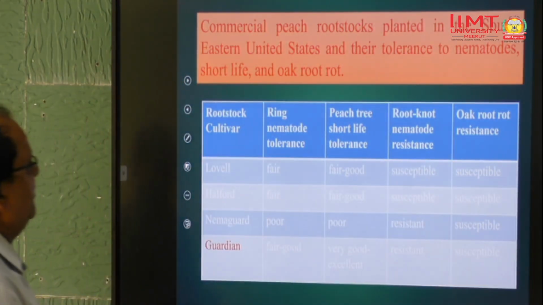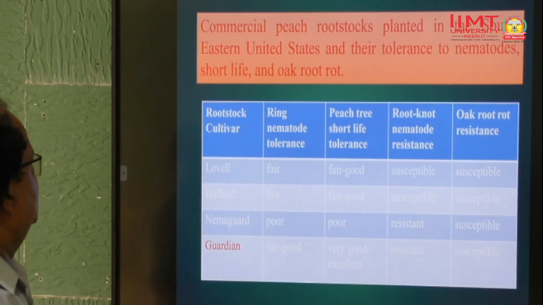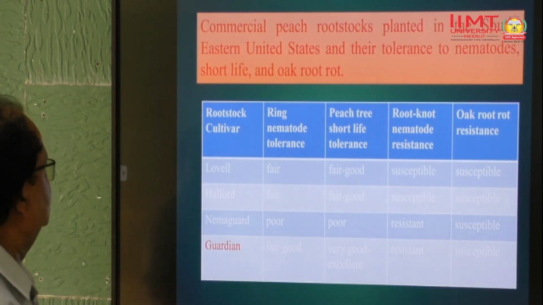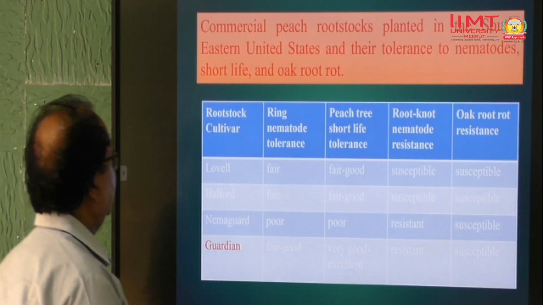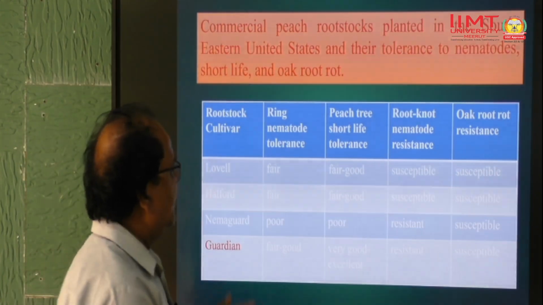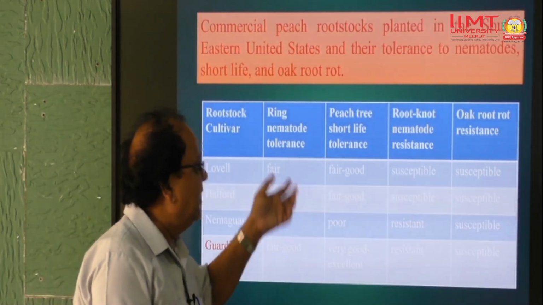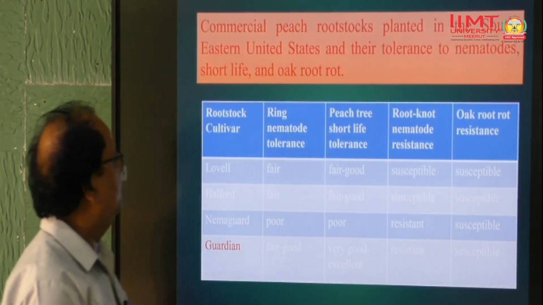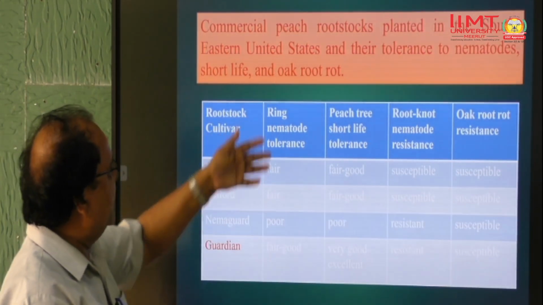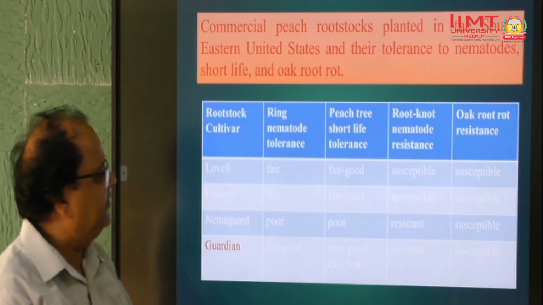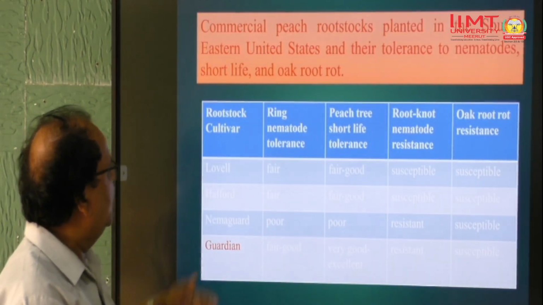The commercial peach rootstocks planted in the southeastern United States are tolerant to nematodes, peach tree short life and oak root rot. These are the two important maladies in peach: first, nematodes, which make you lose peach orchards, and second, oak root rot.